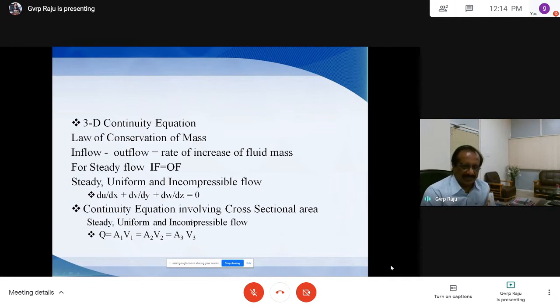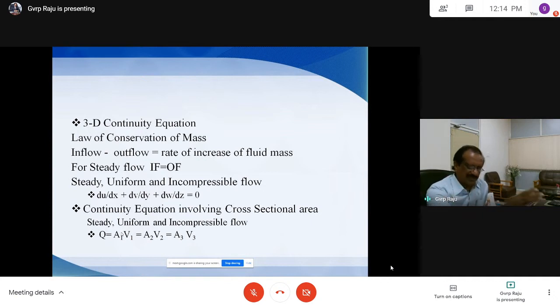The continuity equation involving cross-section area for steady, uniform, and incompressible flow defines that the quantity of water flowing through the pipe is the same. Q is the discharge, so discharge is volume per second. A1 is the area and V1 is the velocity, A2 is the area and V2 is the velocity, at section 1, section 2, section 3.